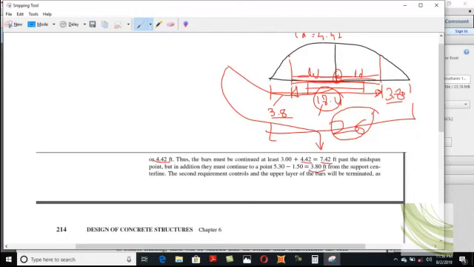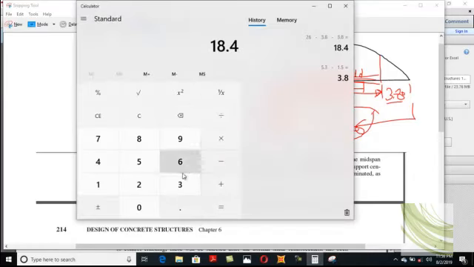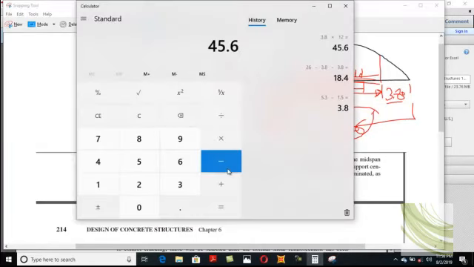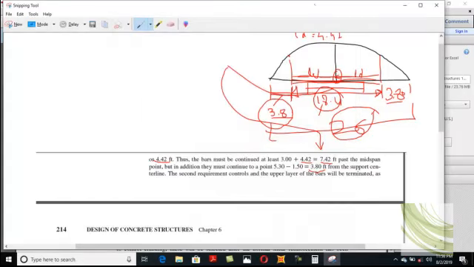Now we're checking these 4 bars, whether they are continued enough. Now the distance is 3.80. Okay. If you convert it to inches, 3.8 multiplied by 12 gives you 45.6. And as well, they are continued 6 inches past the support, so plus 6 inches gives you 51, because they overlap over the support.